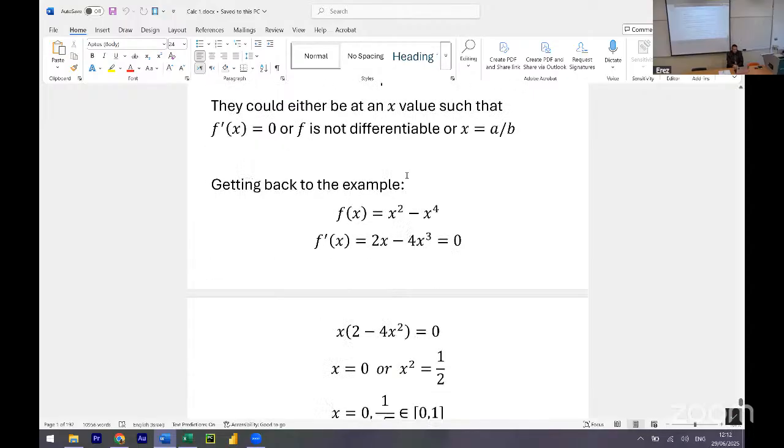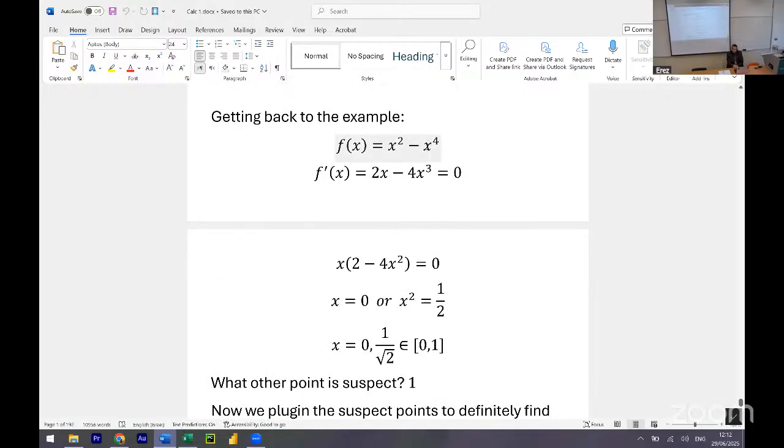And then we saw an example with x squared minus x to the fourth. We said the function is continuous everywhere and differentiable everywhere. So between 0 and 1, there must be, by Weierstrass, a maximum and a minimum value. Where can they be obtained?